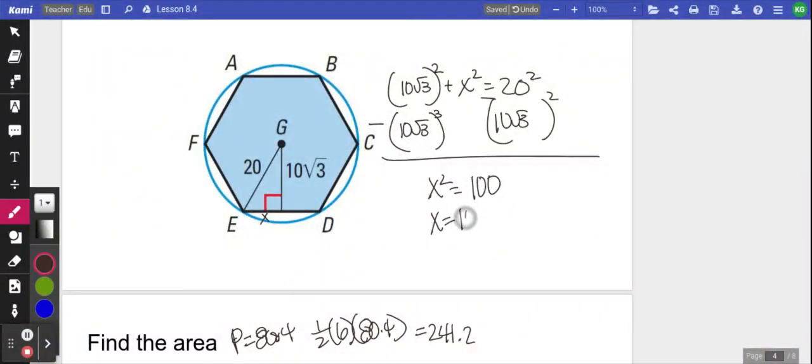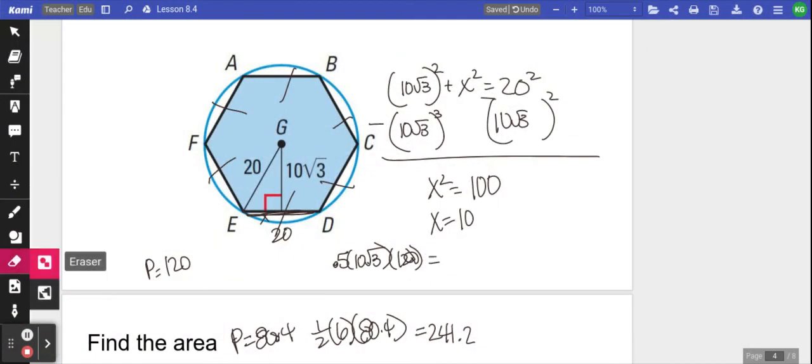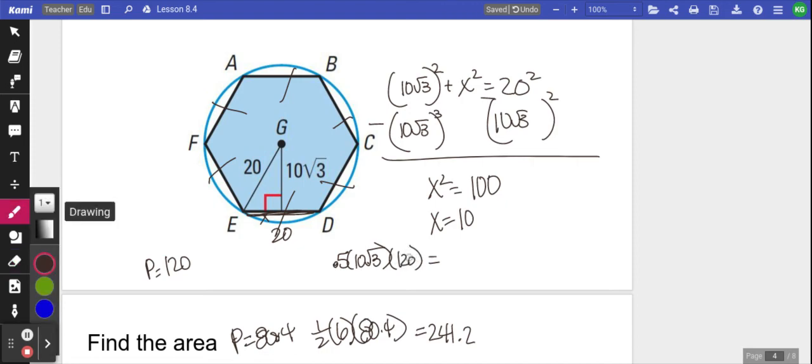Take the square root of that and I get 10. So this entire side would be 20. The perimeter is 20 times 6, which is 120. So half the apothem times the perimeter gives me 1039.2.